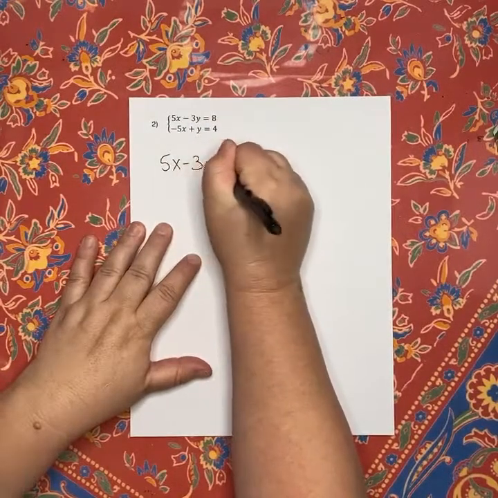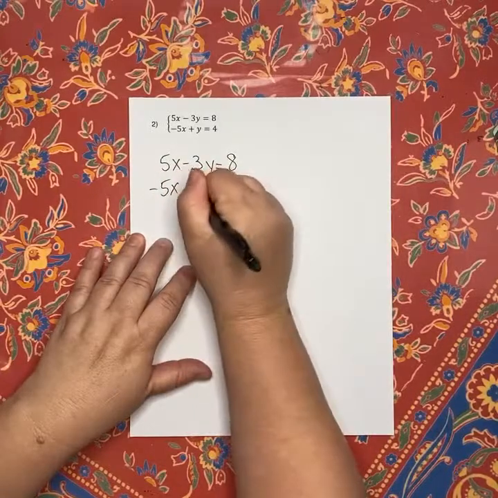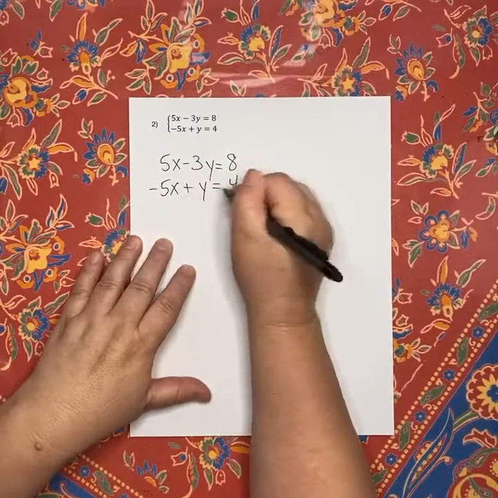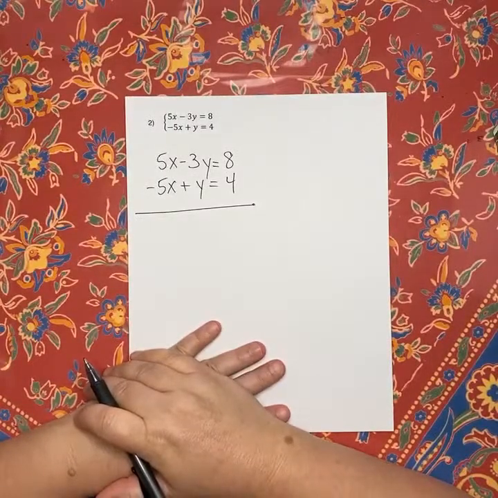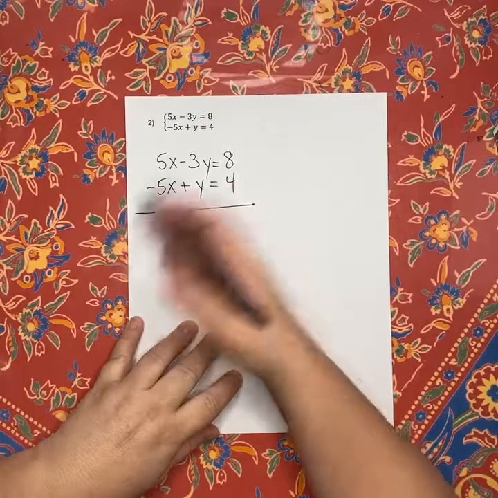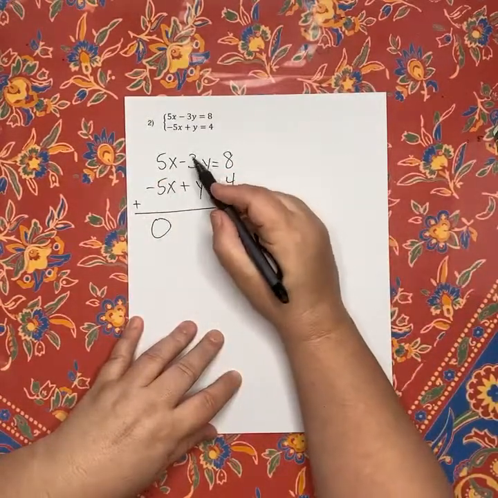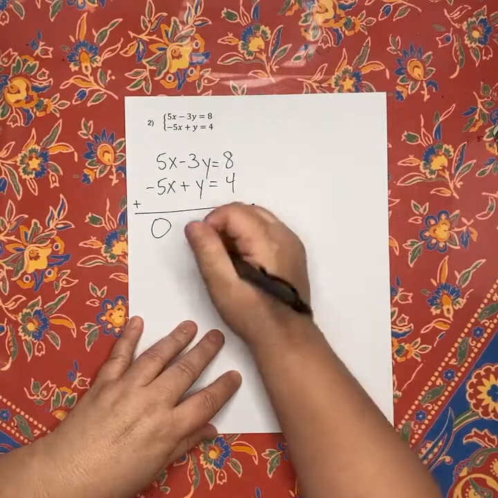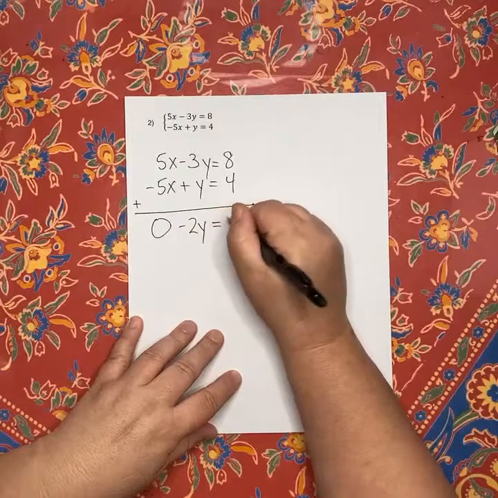5x minus 3y equals 8. Negative 5x plus y equals 4. I add them together. Magically, 5x minus 5x, bam, that's 0. Over here, I've got negative 3y plus y is negative 2y. 8 plus 4 equals 12.